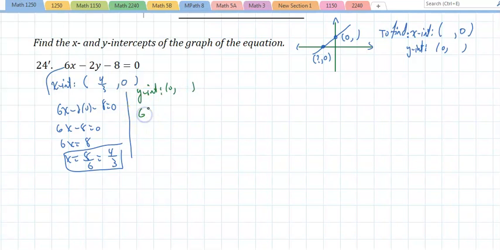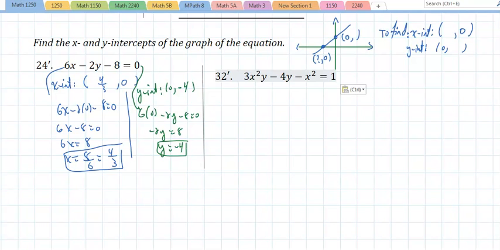So 6 times 0, again, right there, minus 2y minus 8 equals 0. Minus 2y equals an 8, and y equals a negative 4. And, you know, if they say graph, I could plot those on a number line and just go from there.